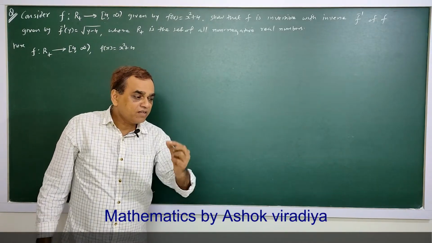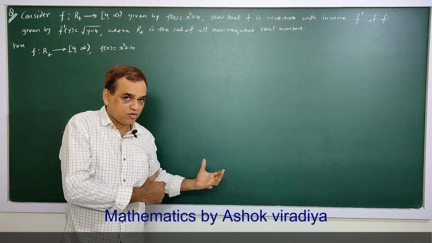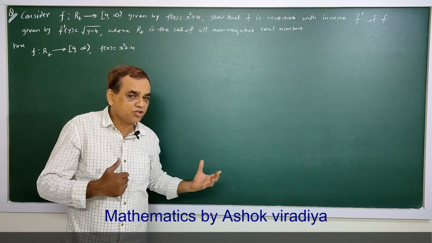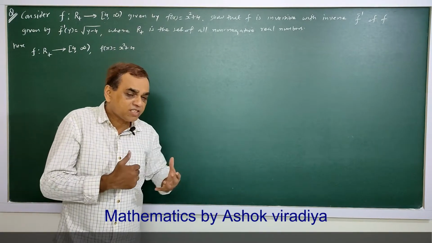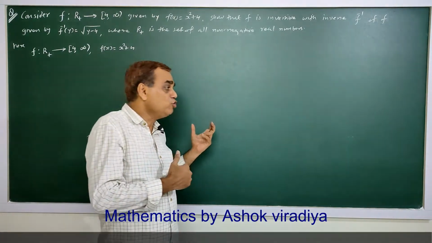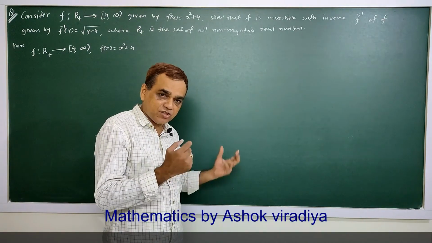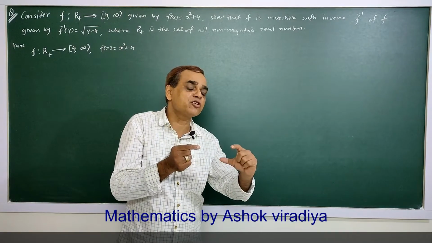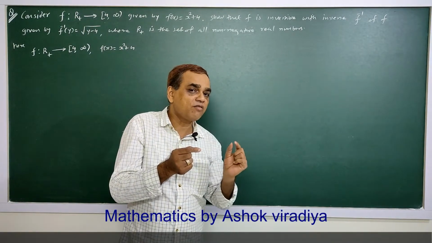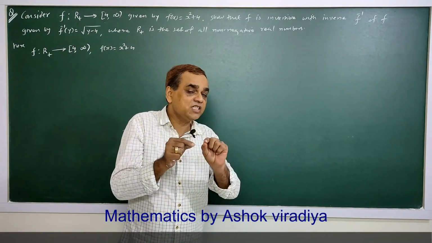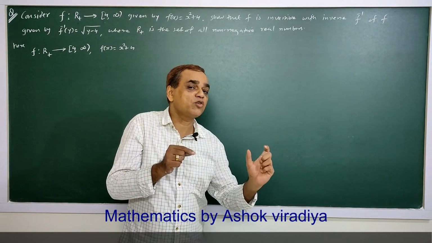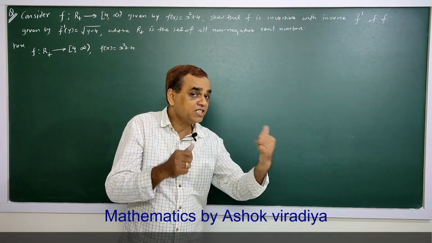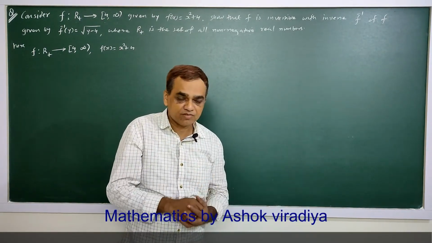So whenever we find the inverse of such functions or any function, we always try to find a new function g such that gof is the identity function on the domain of f and fog is the identity function on the domain of g. Then we can say g is the inverse of f.